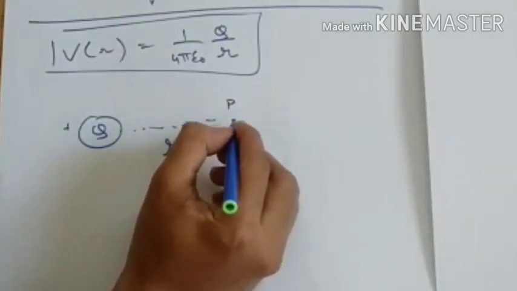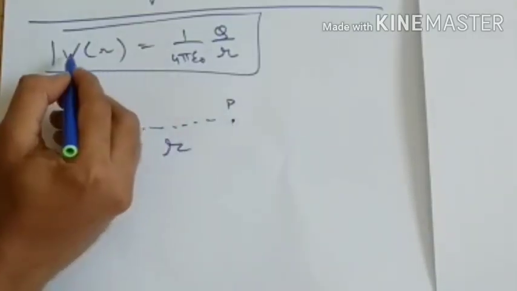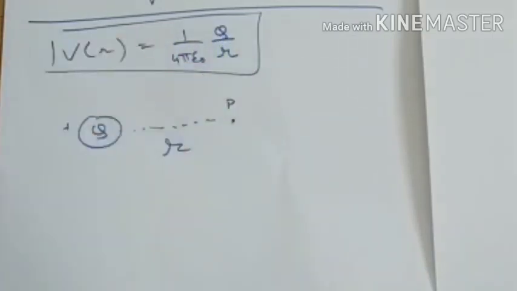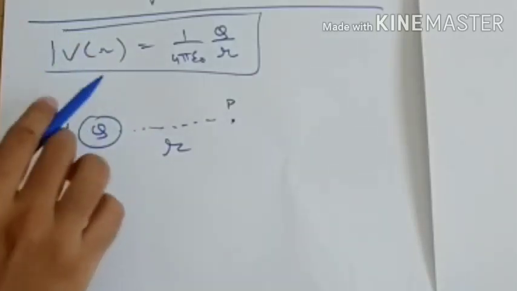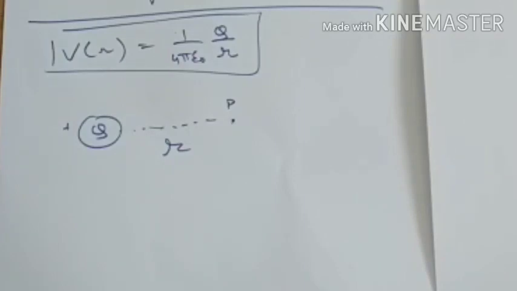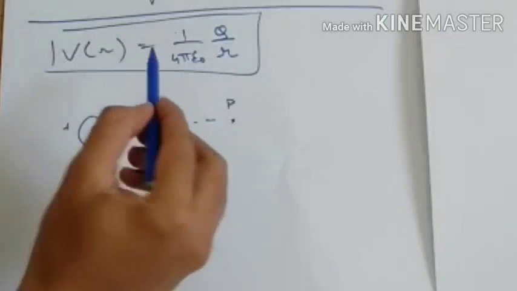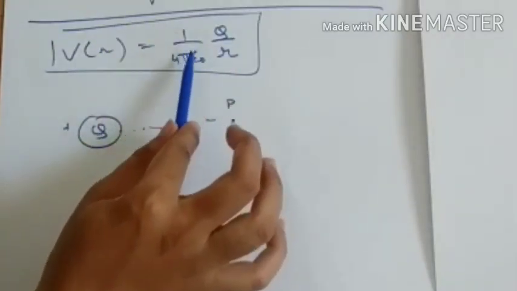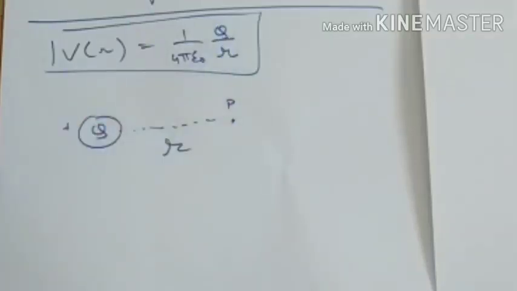So at this point P, the electrostatic potential is given by 1 upon 4 pi epsilon naught Q by R. Again, this formula is important to remember. The proof of this formula I have given in the notes and you can find it in the textbook. It is a very simple proof, so I am not going to derive it here. But remember this formula: V(R) is equal to 1 upon 4 pi epsilon naught Q by R.